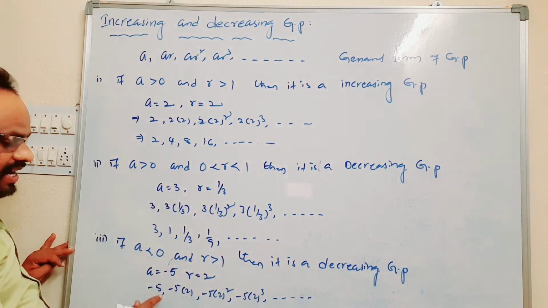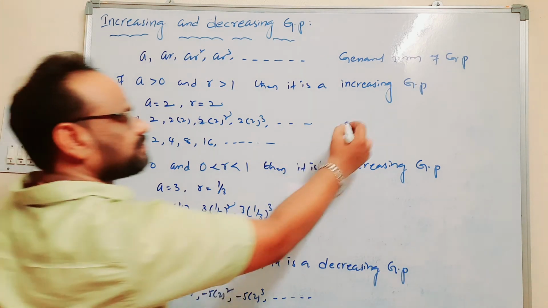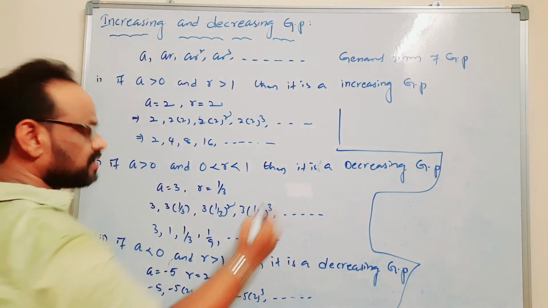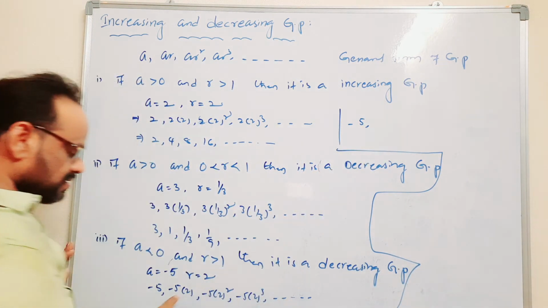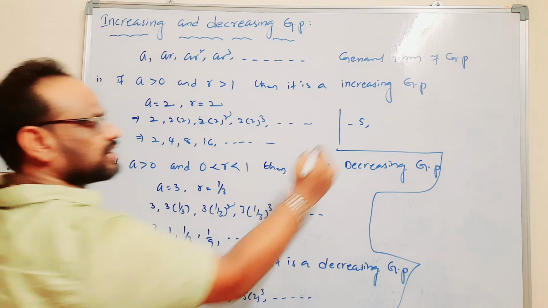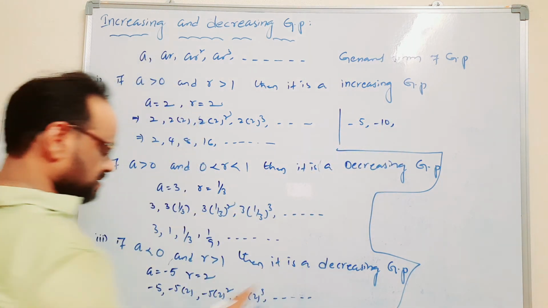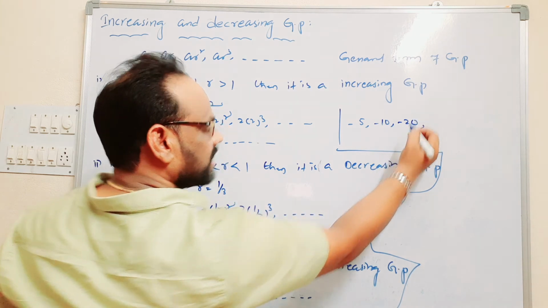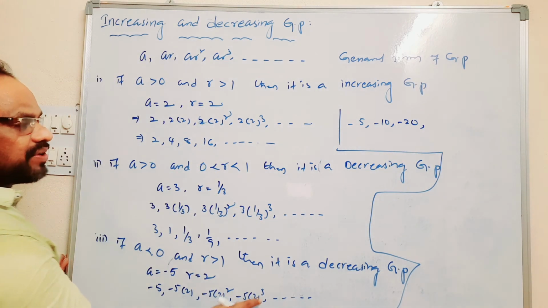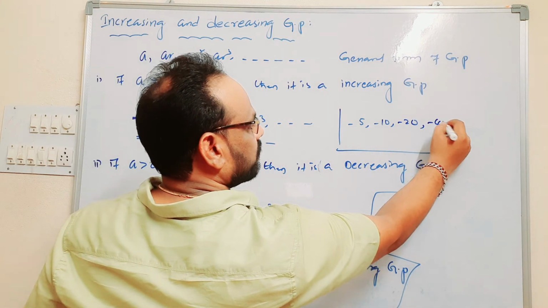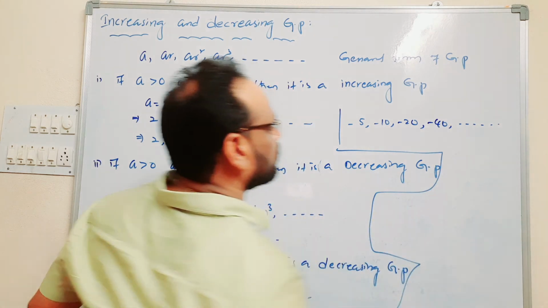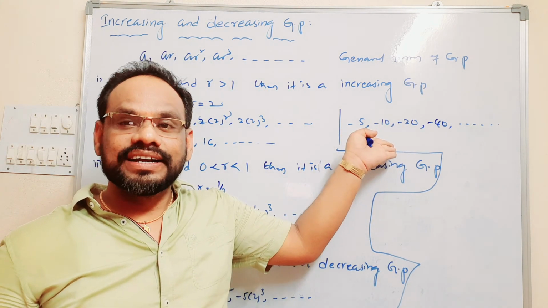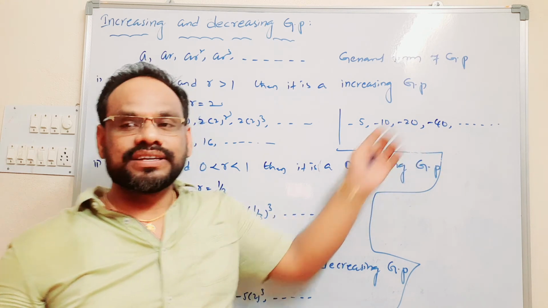Observe here, minus 5, minus 5 into 2 is minus 10, minus 5 into 4 is minus 20, minus 5 into 8 is minus 40 and so on. Clearly it is a decreasing GP.